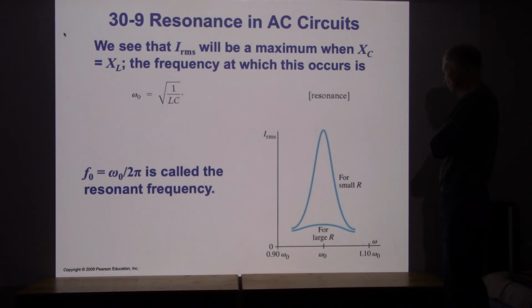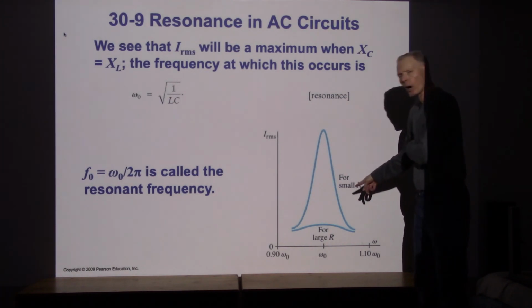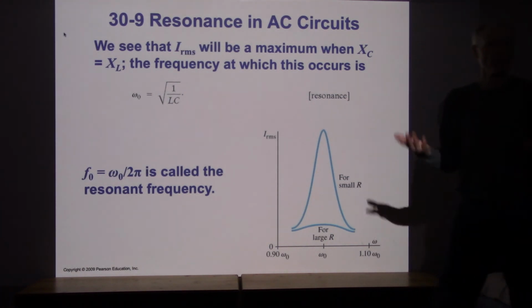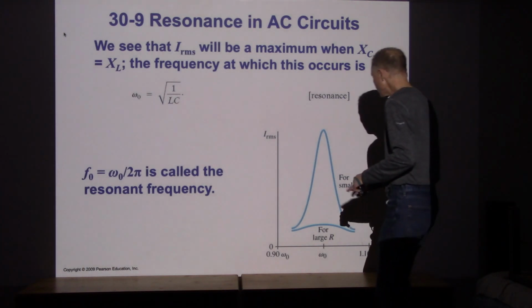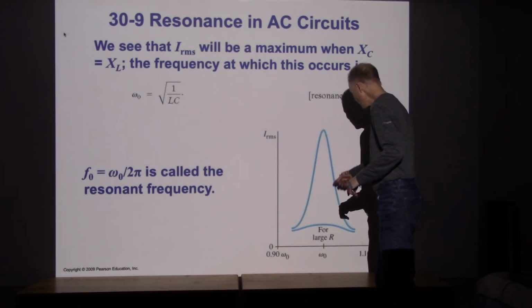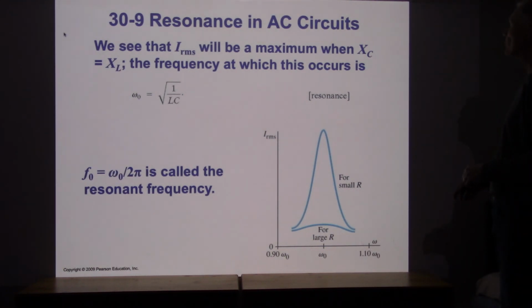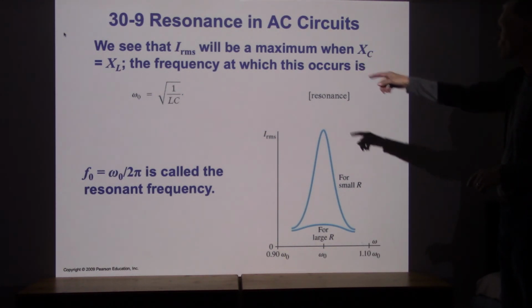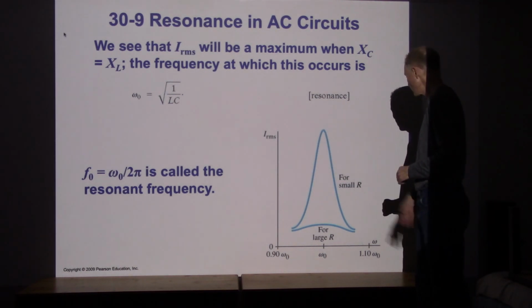And what it says is, especially in the case where the R is relatively small, if the R is not making much of a contribution to the impedance, then when we cancel out XL and XC, the impedance comes way down. And in that case, we'll have a sharp peak in the frequency range close to resonance. So the resonance frequency here is omega naught, is what they're calling it. 1 over the square root of LC tells us what the omega naught will be.